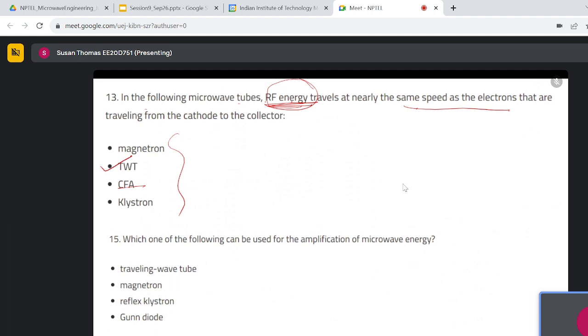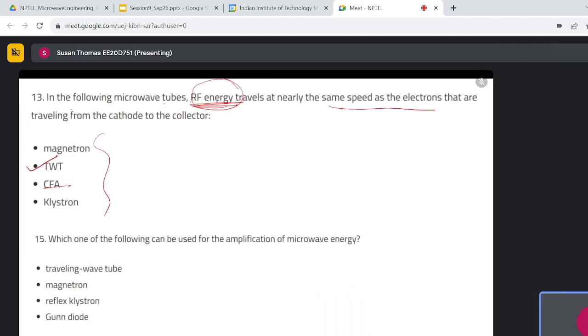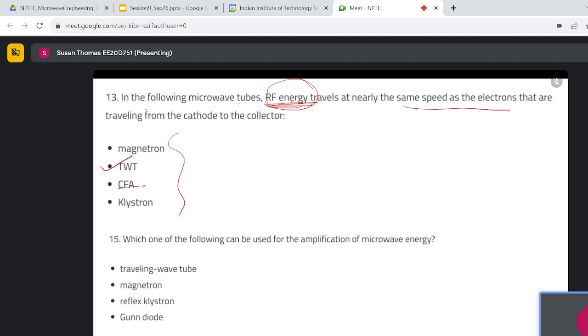Okay, now going to the next question. Which one of the following can be used for amplification of microwave energy? Very simple question. Which among these options is used as an amplifier? Madam, magnetron is an oscillator.